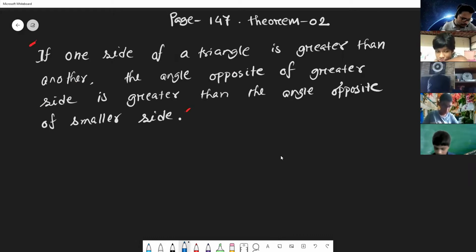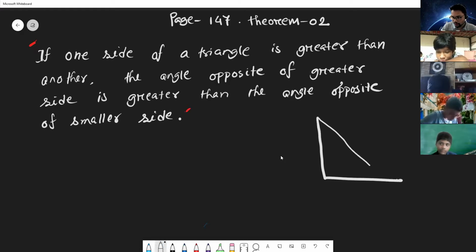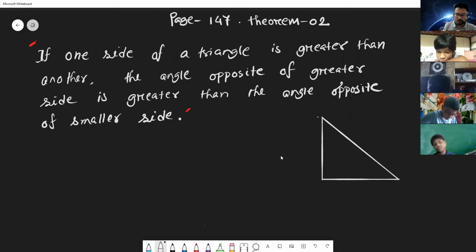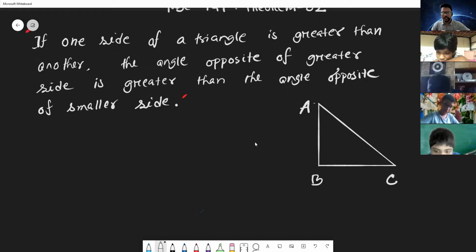First step, we will draw the figure. Draw a proper figure here. Mention the triangle name as A, this is B, and this is C. So now write the particular enunciation.